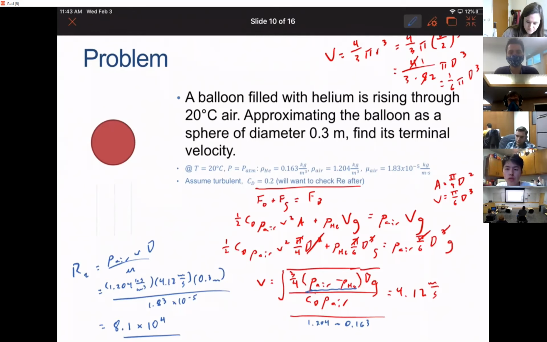But what if it was something heavier in the air? So what if it was like steel or something? And so then the difference would be 1.204 for the air minus 20,000, to be unambiguous.